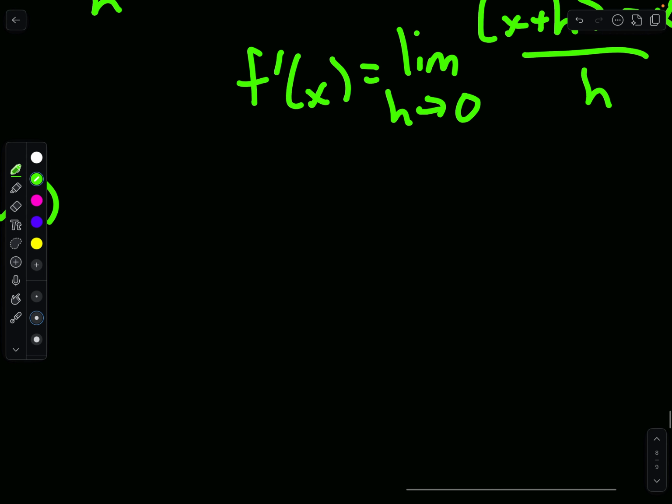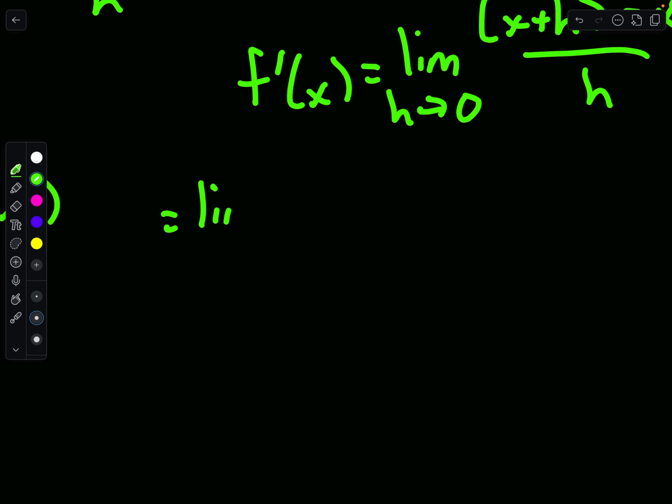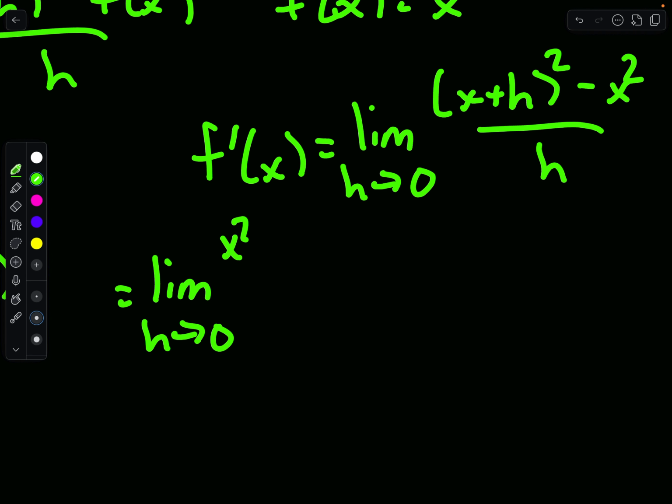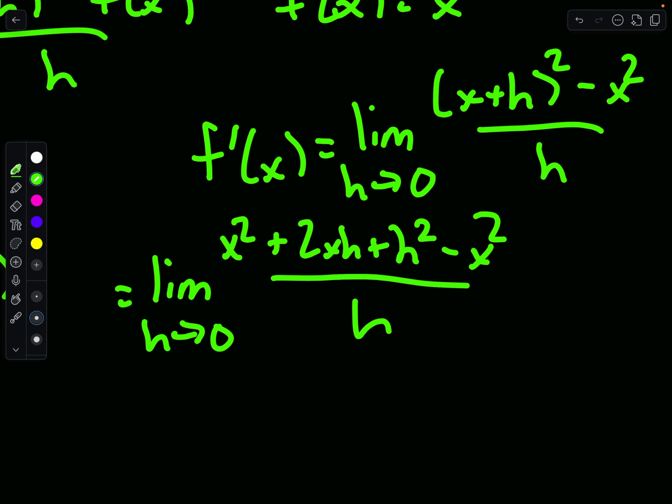And this is equal to the limit as h approaches 0 of x squared plus 2xh plus h squared minus x squared all over h.